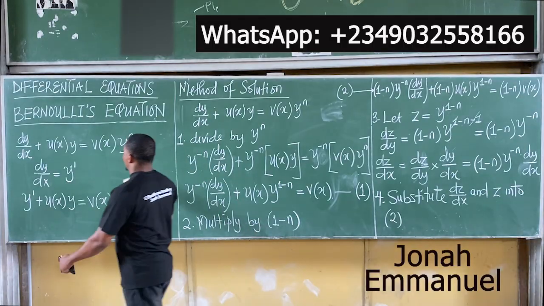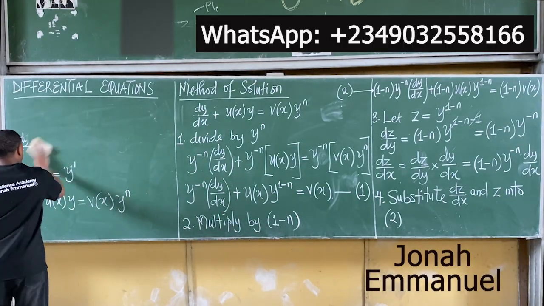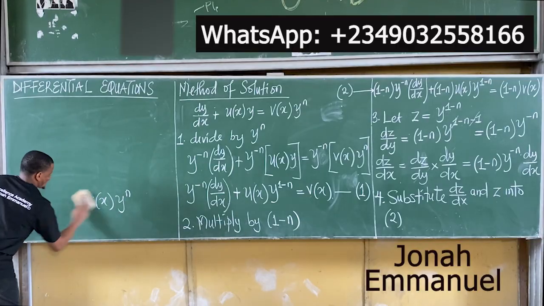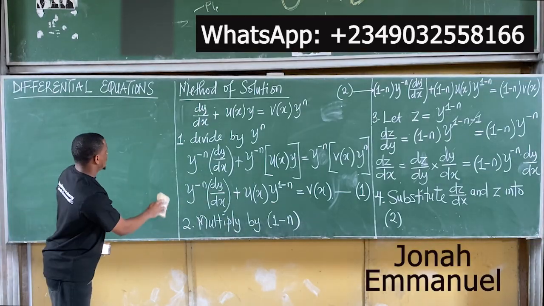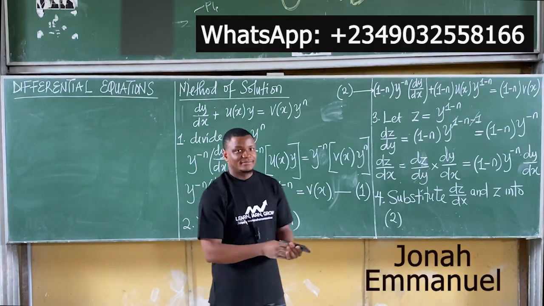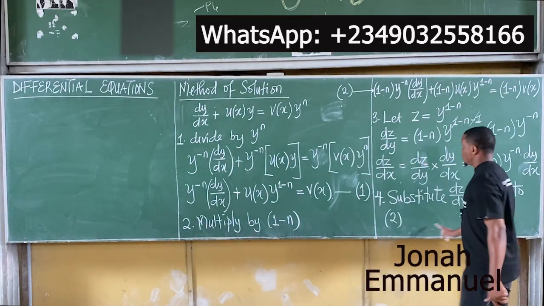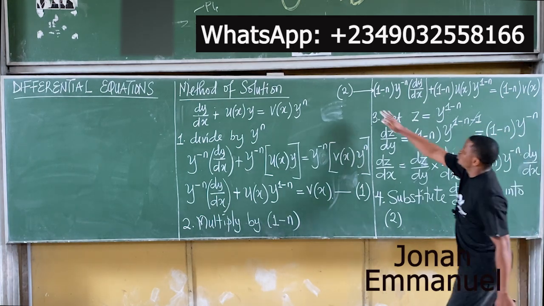Let's do that substitution and see what we get. Let's put dz dx and z into 2. So look up, please. Here is 2.